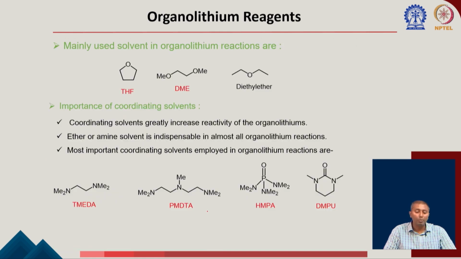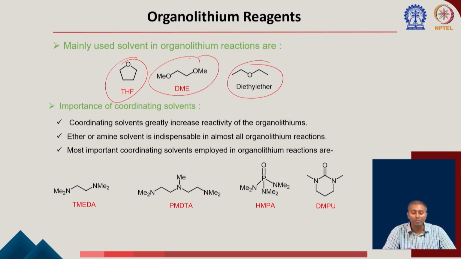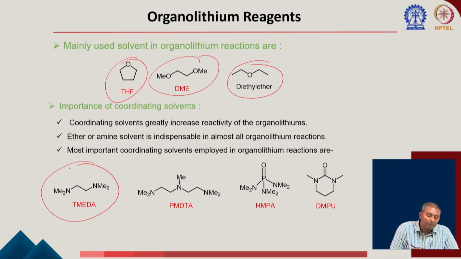Okay. So what are the common solvents? If you use these organolithium reagents, then we generally use diethyl ether in the lab, or THF, DME. Of course there are more, but these are the very common solvents. And a lot of the time in the lab we also use additives, like TMEDA, tetramethylethylenediamine, or a pentamethyl version.